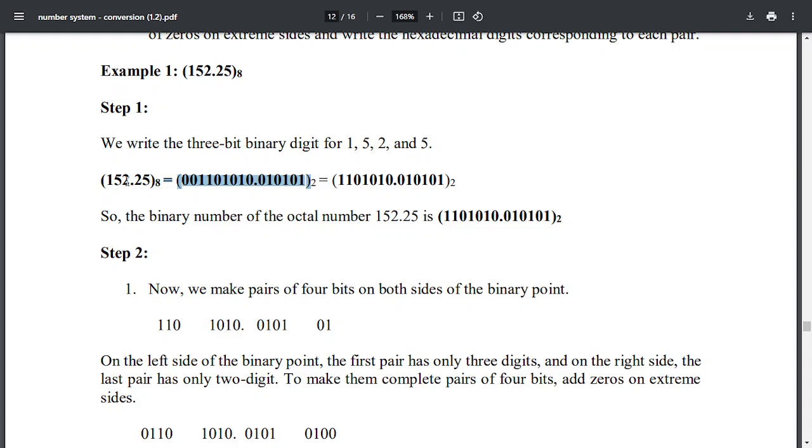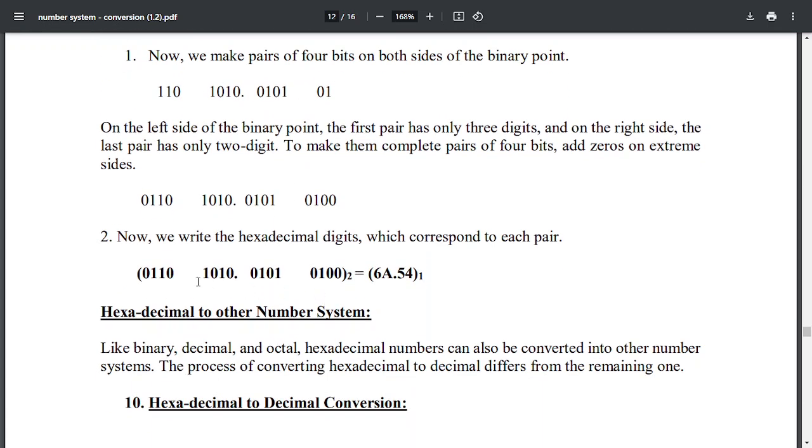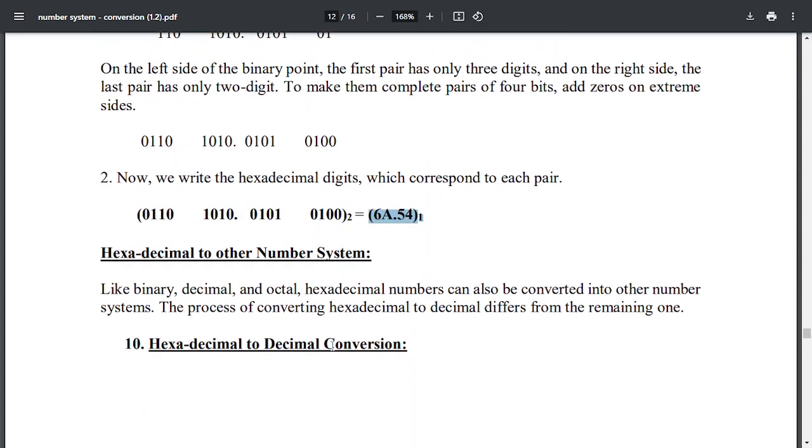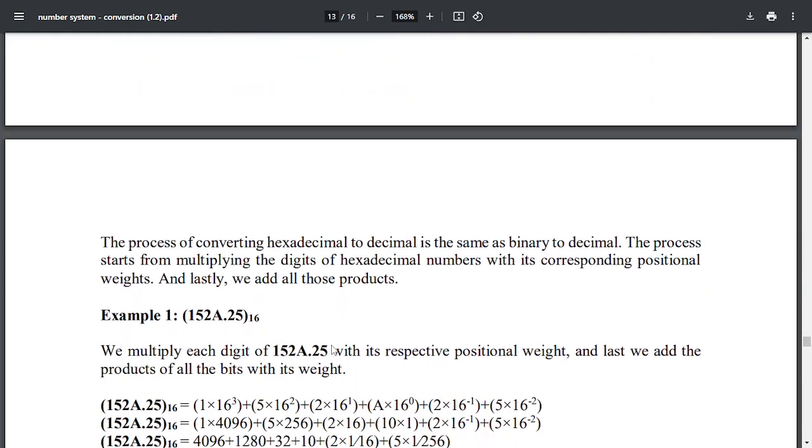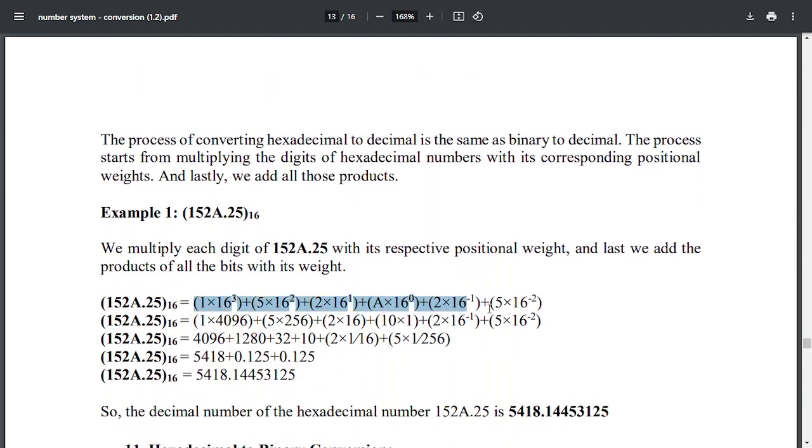Now here octal is converted to binary, and next that binary is grouped into bits to get the required number. See, grouping the 3 bits will give me an octal number. Next, hexadecimal to other numbers. Hexadecimal to decimal is multiplying with its positional values, which gives a decimal value.